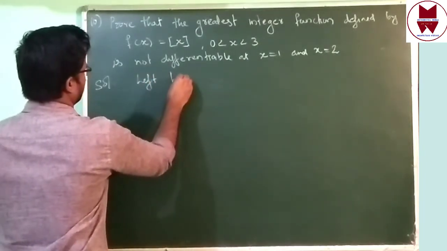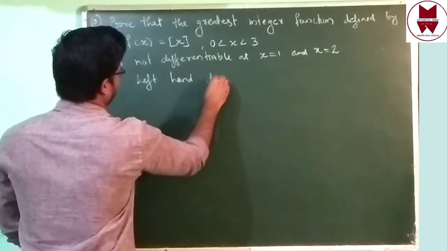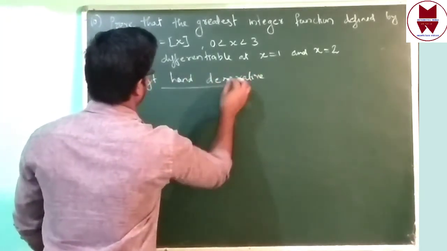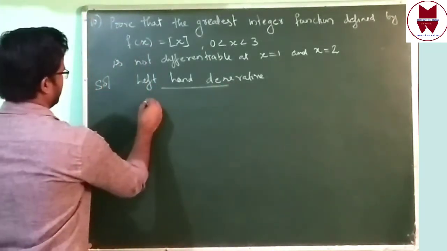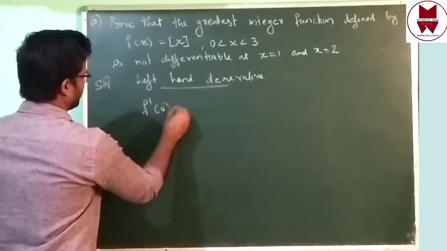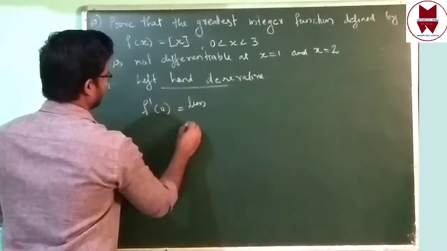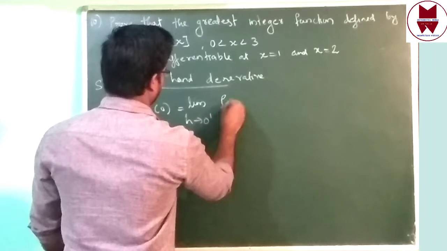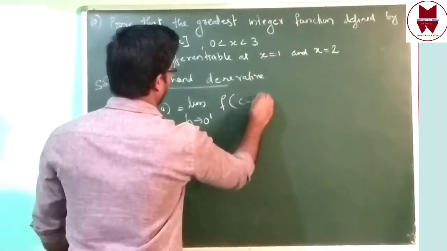Left hand derivative. f'(c) = limit h→0⁻ of [f(c − h) − f(c)] / (−h).